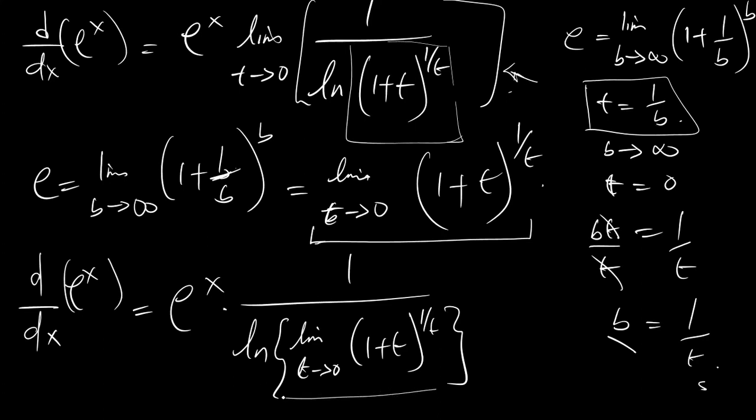Now, this expression here is the same thing as e, so let's replace it with e here. You now have e raised to the power x times 1 all over ln e.